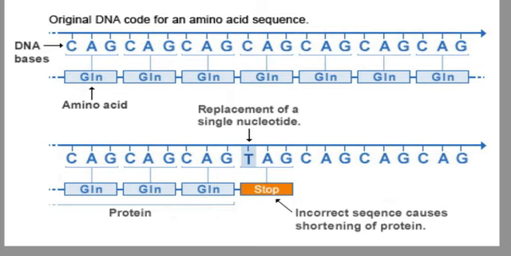And what we see here is a clear and obvious example of that, because we're supposed to have this long sequence of amino acids here, but because of a simple substitution here, what we're going to get is an early stop codon. So the protein here is obviously much shorter than this protein, and that shorter protein will probably be, or will be, non-functional.